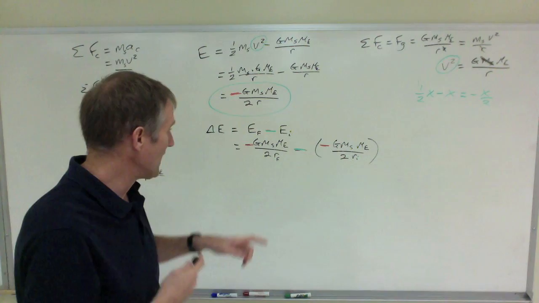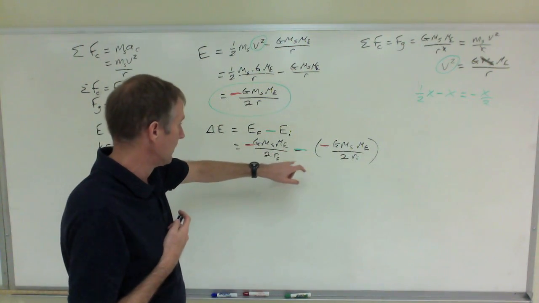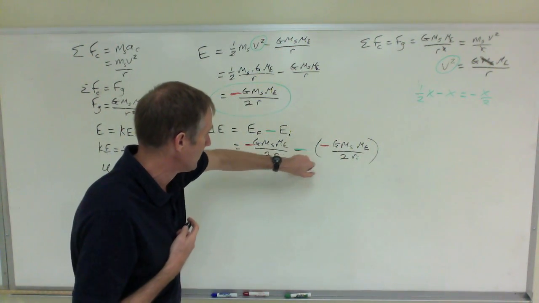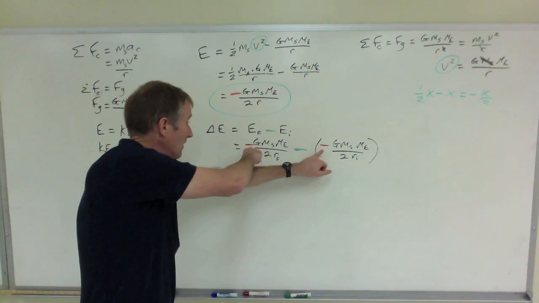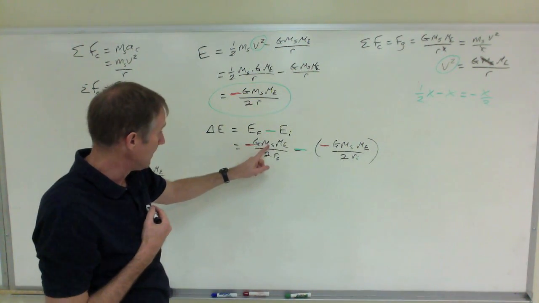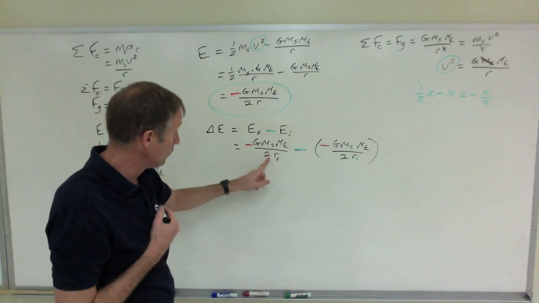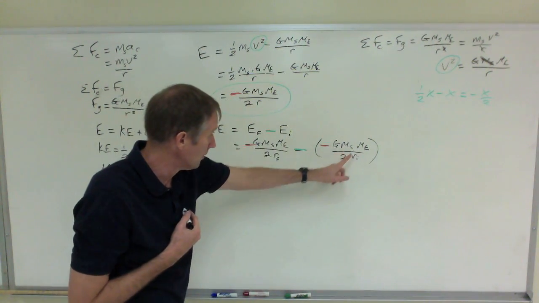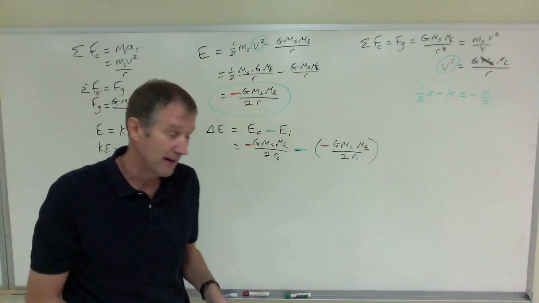And when you rearrange this, you've got a lot of negative signs. If you distribute that negative here, that becomes positive, minus this. Notice that G, mass of the satellite, mass of the Earth, and 2 are all common and they can factor out.